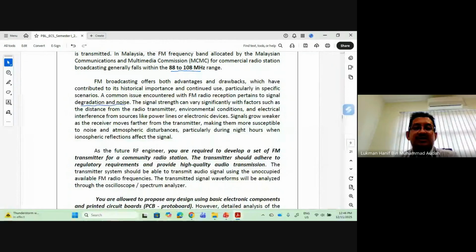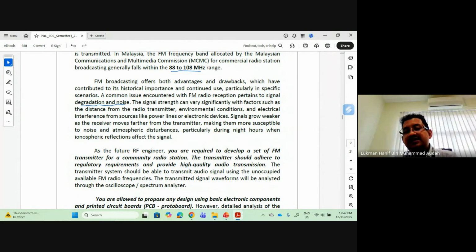Okay, the signal strength can vary significantly with factors such as distance from the radio transmitter, environmental conditions, and electrical interference from sources like power lines and electronic devices. Signals grow weaker as the receiver moves further away from the transmitter.